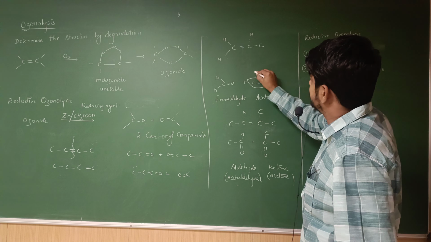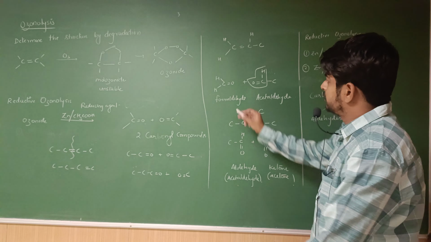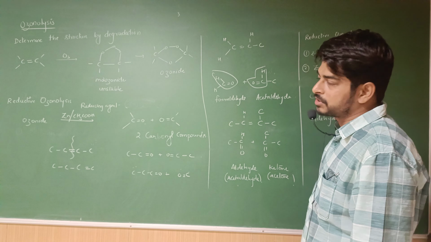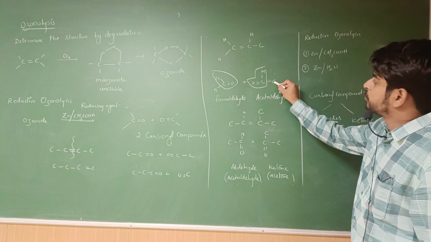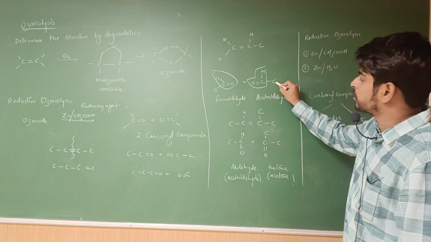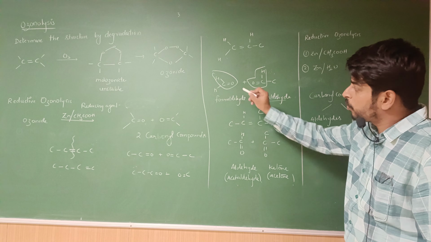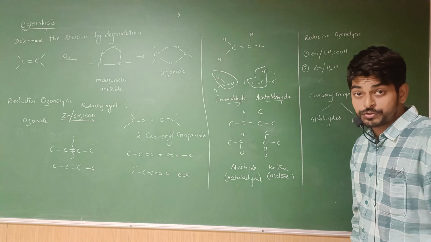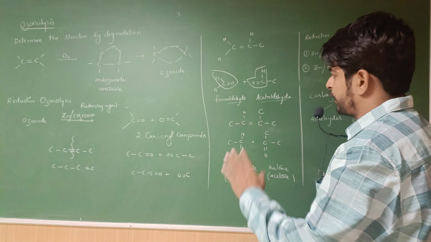This CHO structure will make it an aldehyde. This also has a CHO structure, so that is an aldehyde. So CHO with 1 more carbon atom is acetaldehyde. Only 1 carbon atom is formaldehyde. You should know these names also, because in the options you will find them.